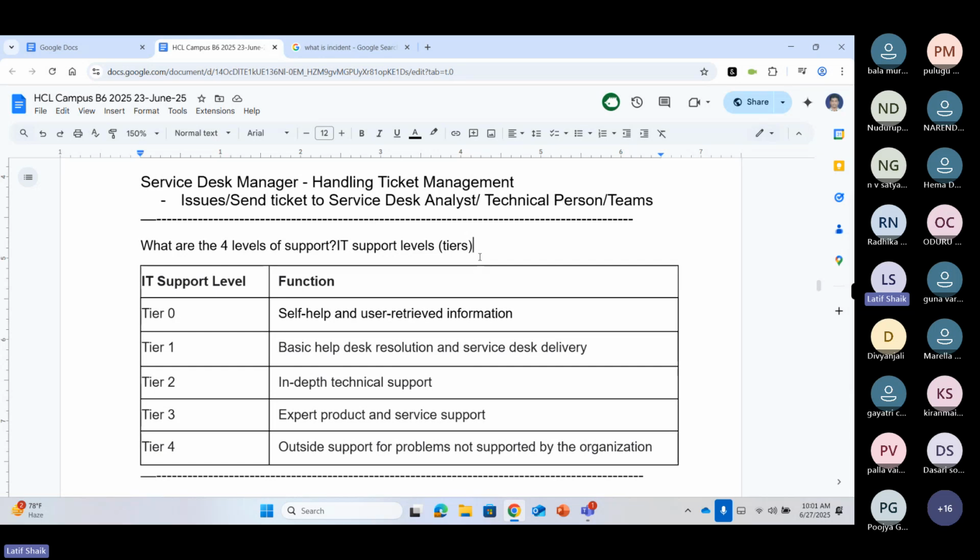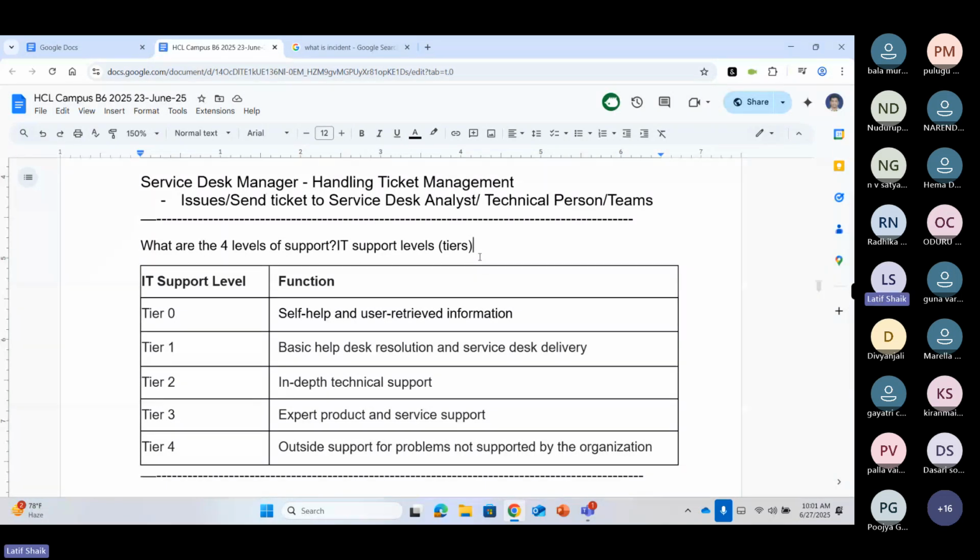Otherwise, a ticket is directly created, and the ticket is created and processed. That is an L0 type also. L0 can be people, or it can be software, or basic supporting FAQ kind of resolutions. That is self-help or user retrieval of information.